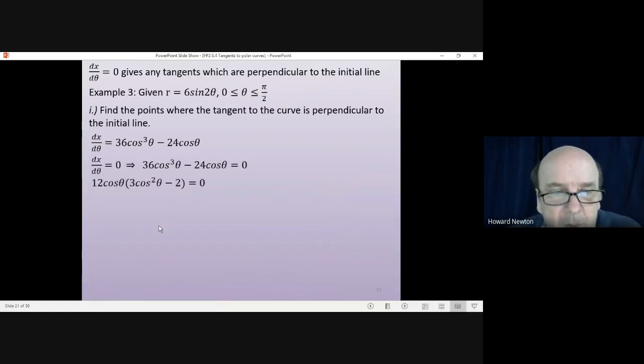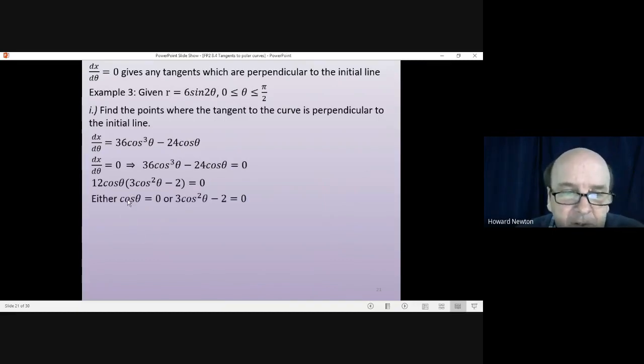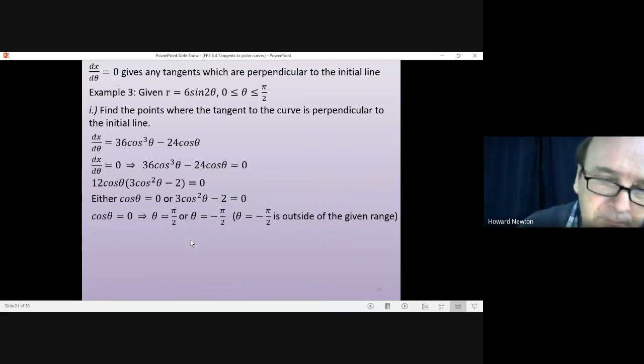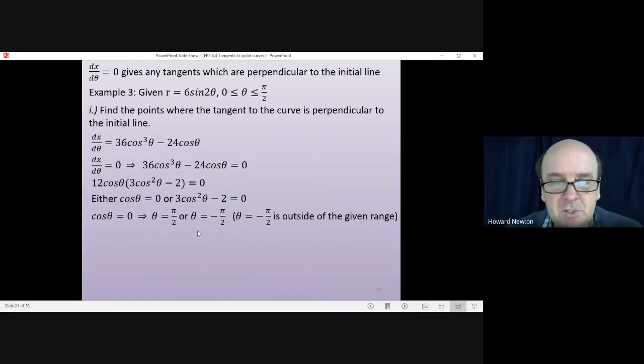Factorizing that will give us 12 cos theta into 3 cos squared theta minus 2 equals 0. And then either cos theta equals 0 or the bracket 3 cos squared theta minus 2 equals 0. If cos theta equals 0, that'll give us theta equals pi by 2 or theta equals minus pi by 2.